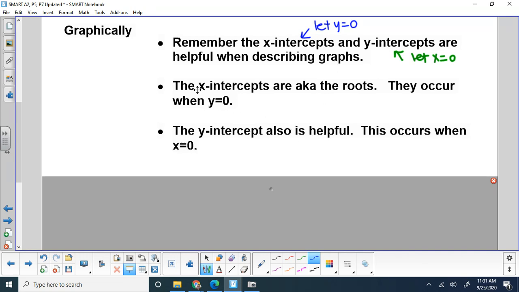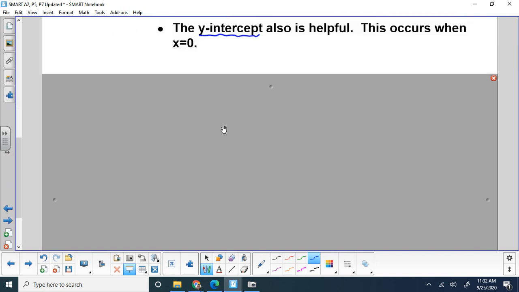Again, I highlight that here, but I also identify that x-intercepts are also known as or referred to as the roots of the graph. It's basically where does the graph cross the x-axis? The y-intercept is helpful as it gives us its starting position. And as I said, this occurs when x equals 0.